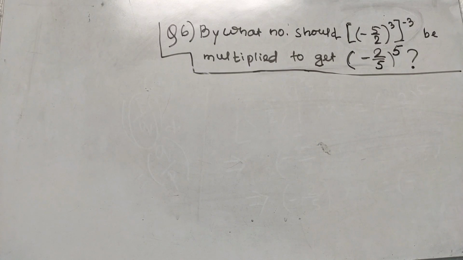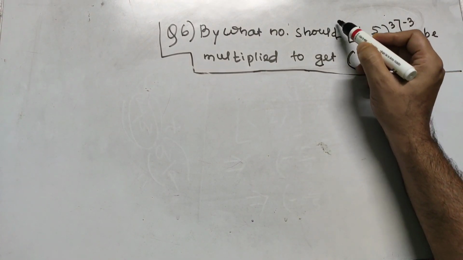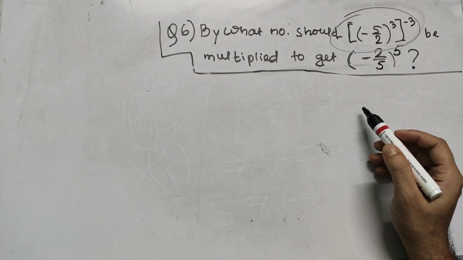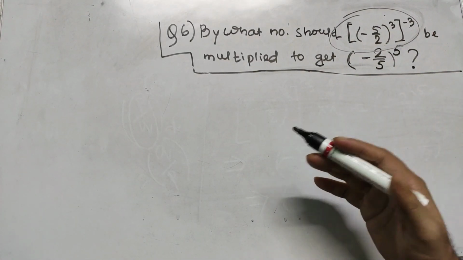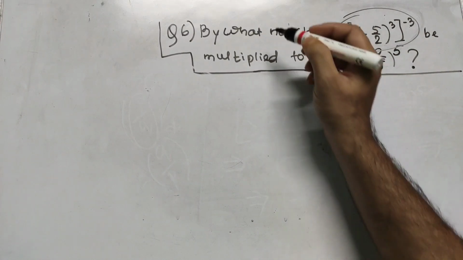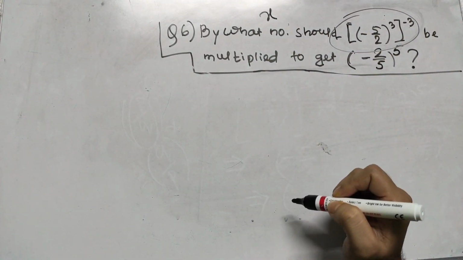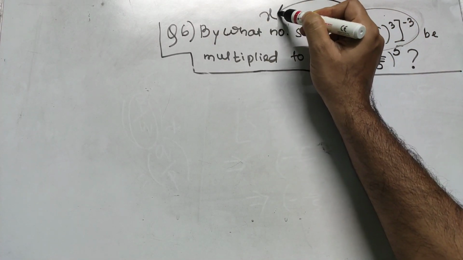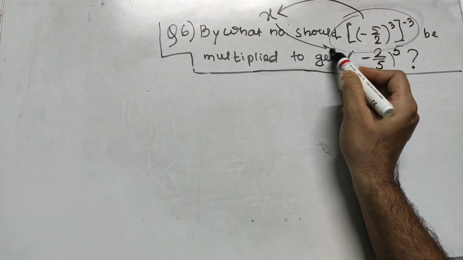So here we have our next sum. By what number should this number be multiplied in order to get this? So this number is going to be multiplied with an unknown number. When we have an unknown number, we need to take x. So this number is going to be multiplied with x in order to get this.